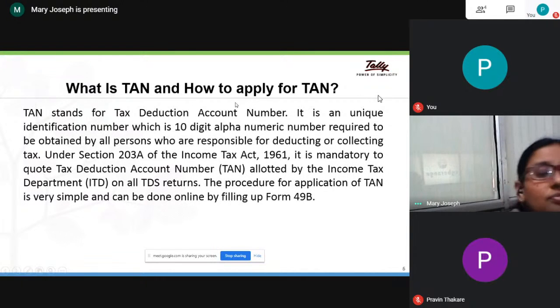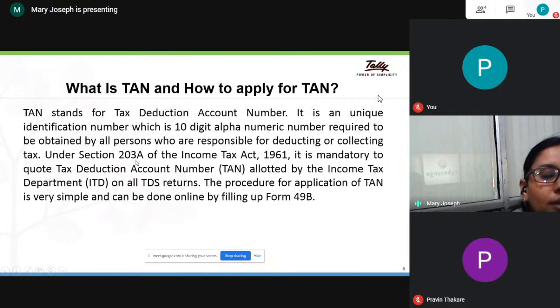Now, what is TAN and how to apply for the TAN? TAN stands for Tax Deduction Account Number. It is a unique identification number, a 10 digit alphanumeric number, required to be obtained by all persons who are responsible for deducting or collecting taxes.